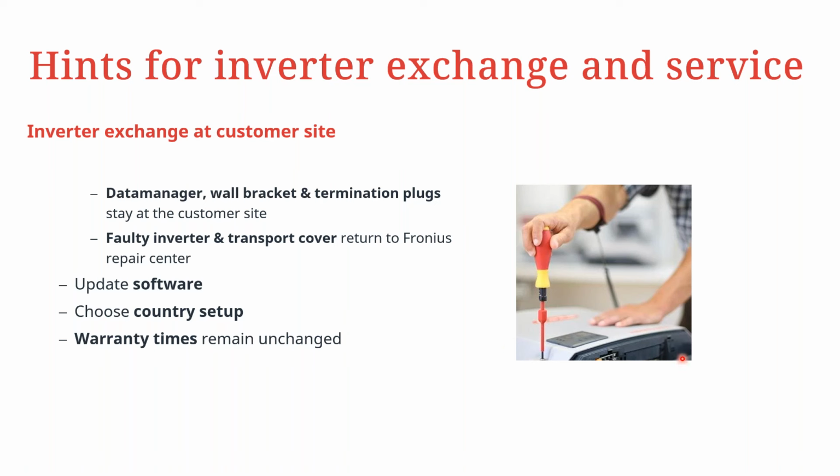So the inverter cover and the data manager cover are, of course, opened up. And then once this is done, you can have access to the internal parts of the inverter. Depending on the SOS process that you have carried out, you'll be able to depict what exactly the problem is with the inverter, and then profile the solution in terms of identifying which components would need to be exchanged.